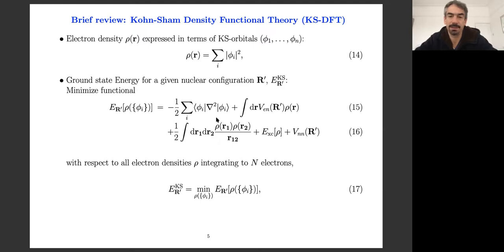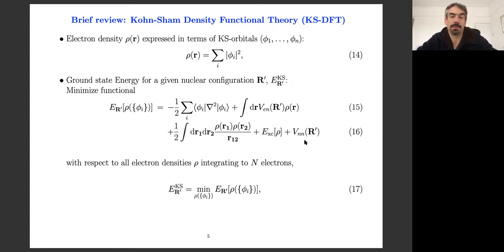So this is exact. And then you have all these quantum mechanical effects of electron correlation and exchange between the electrons. So you put all of this in the exchange correlation functional. It also includes the difference between the exact kinetic energy and this kinetic energy that you have there, and then this trivial constant between the nuclear cores.